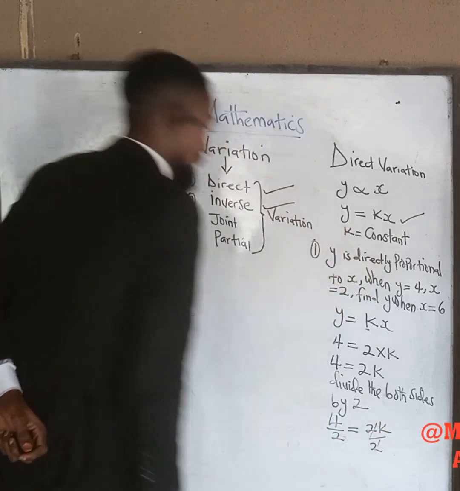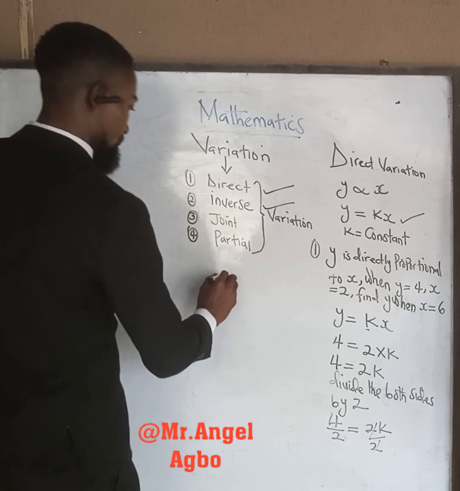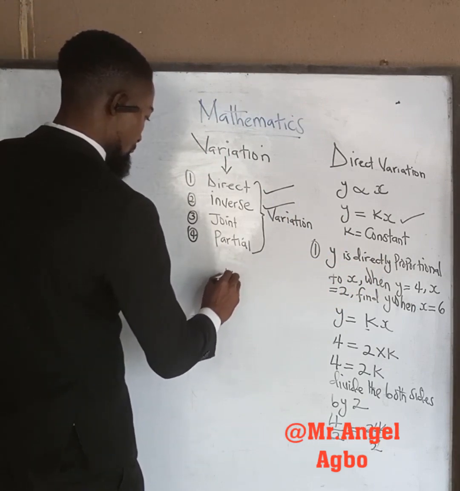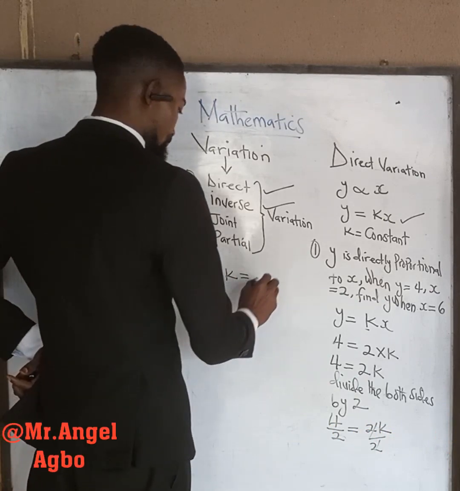The 2 cancels the 2 here. So we are going to say that our k is equal to 2.